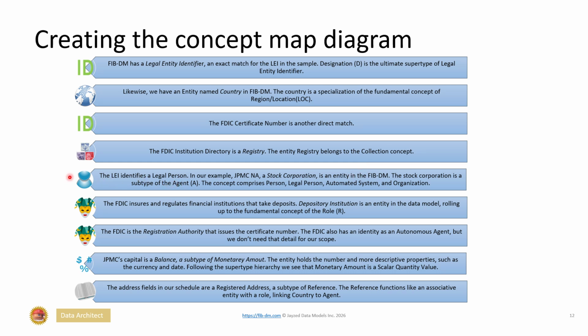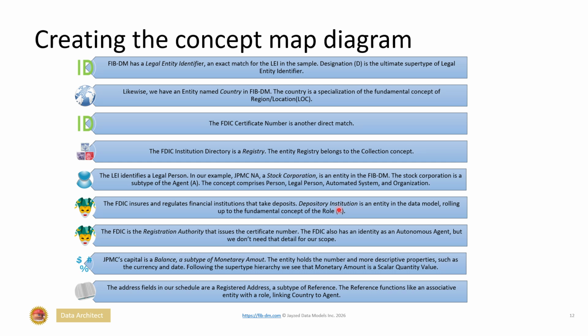The LEI identifies a legal person. Now, the example was JPMC NA, and that's a stock corporation, another entity in FIB-DM. And the stock corporation is a subtype of the concept of agent. Now, the concept also includes person, legal person, and organization. So the FDIC, a role, insures and regulates institutions that take deposits.